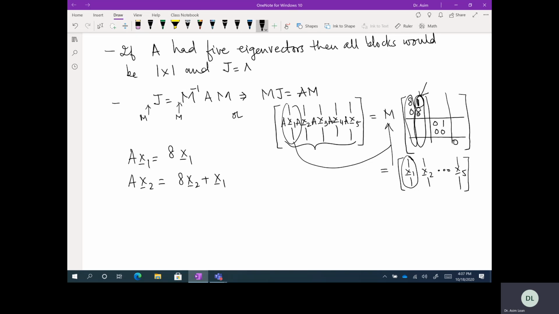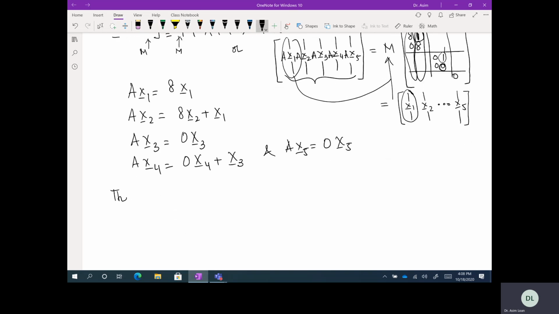Similarly, A x3 equals 0 x3, because there is 0 here. A x4 equals 0 x4 plus x3, and finally A x5 equals 0 x5.